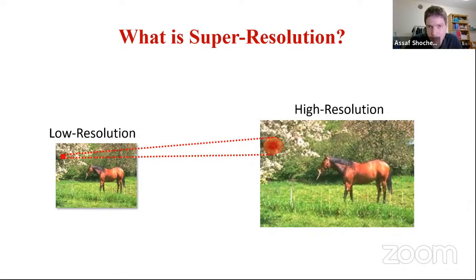But even if you fully know what the kernel is, as in most super resolution works that you see in most conferences and in most super resolution competitions, usually the kernel is known, and it's still very challenging to do super resolution. But if you don't know the kernel, as we will see in a minute, then the problem turns out to be much harder.